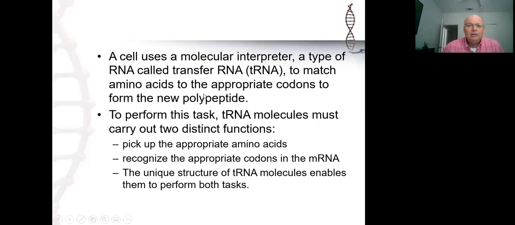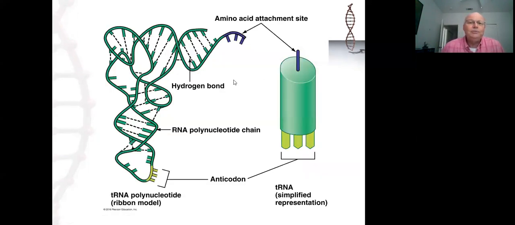So let's take a look at the tRNA in detail. So here is a pseudo 3D model of the tRNA. It actually folds up into a three-dimensional structure. A simpler way of drawing it, and a way that has been classically used, is to draw it like this.